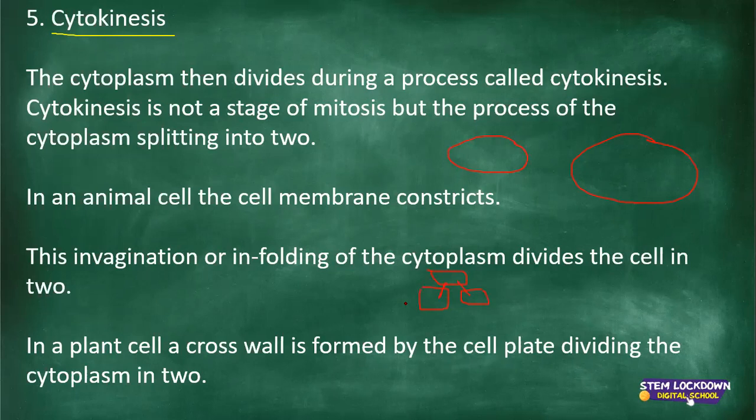So because of that, remember the cytoplasm is inside the cell membrane in an animal cell. Cytoplasm is the jelly-like liquid inside. So what will it do? It will infold, it will move inwards. Like I said, you have liquid in your balloon, you move it inside, then it will spread inside, but through the division. So it will infold the cytoplasm because the cell membrane is constricting.